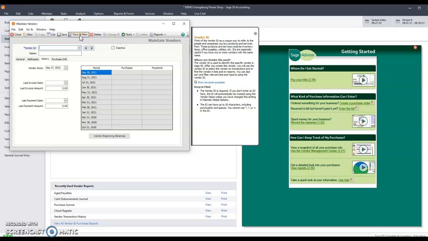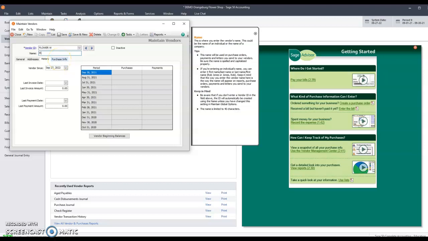The next one is Flour Wholesalers. Put that in as Flour W. Flour Wholesalers.